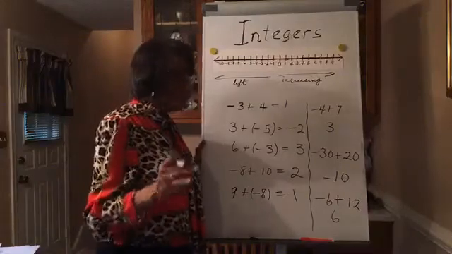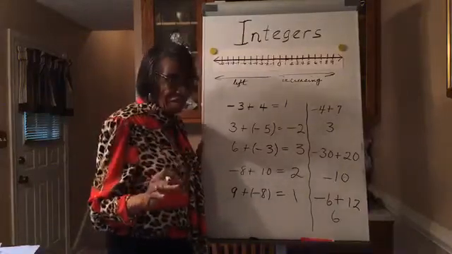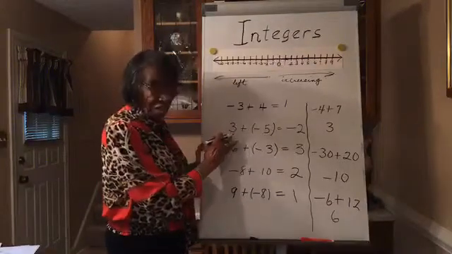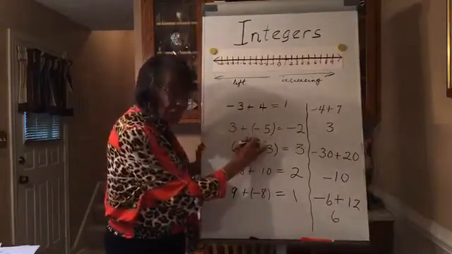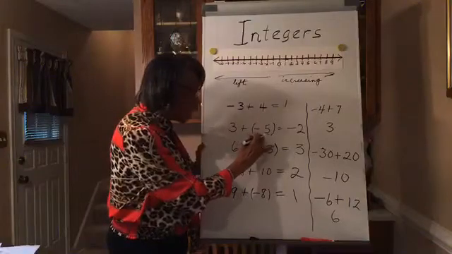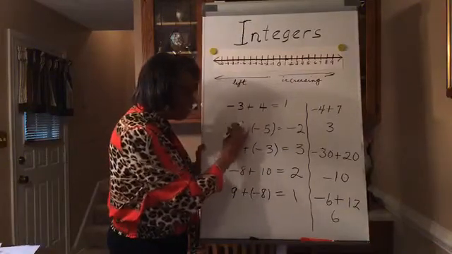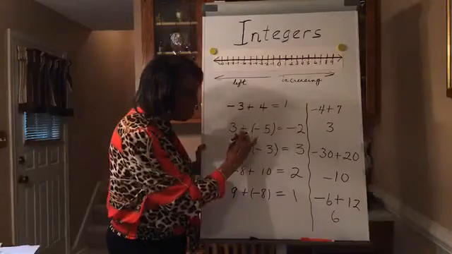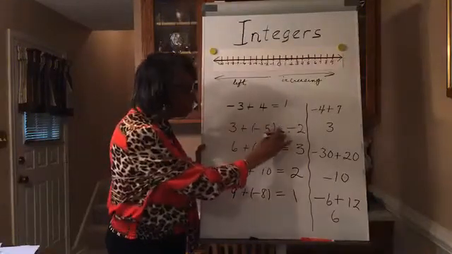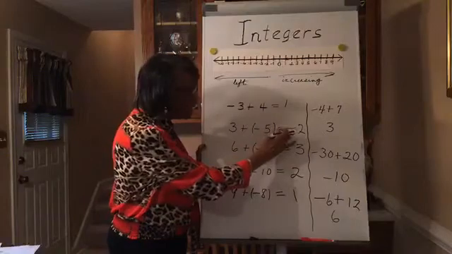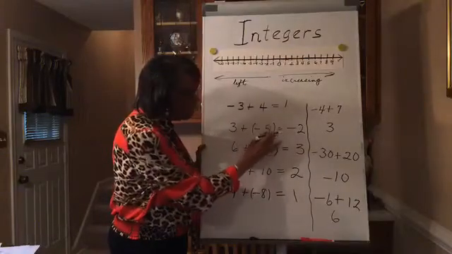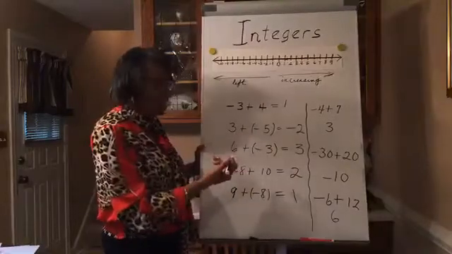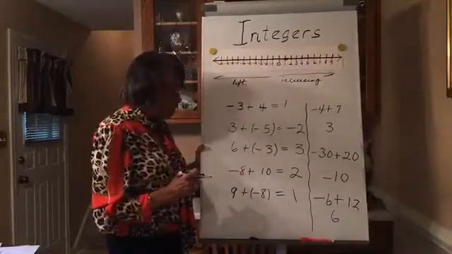Negative 5 is less than positive 3, but the absolute value of negative 5 is 5, and the absolute value of positive 3 is 3. So 5 minus 3 is 2. And why is it negative? Because the larger absolute value is negative. We went into the negative section deeper than we did the positive.